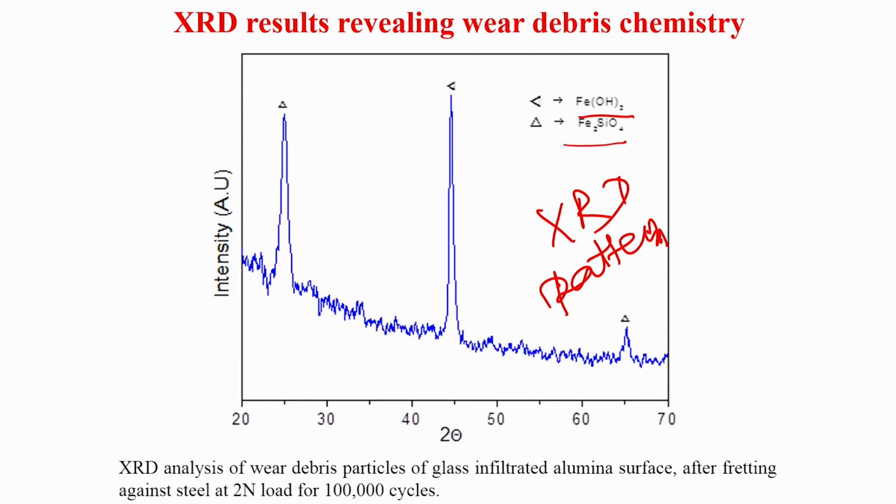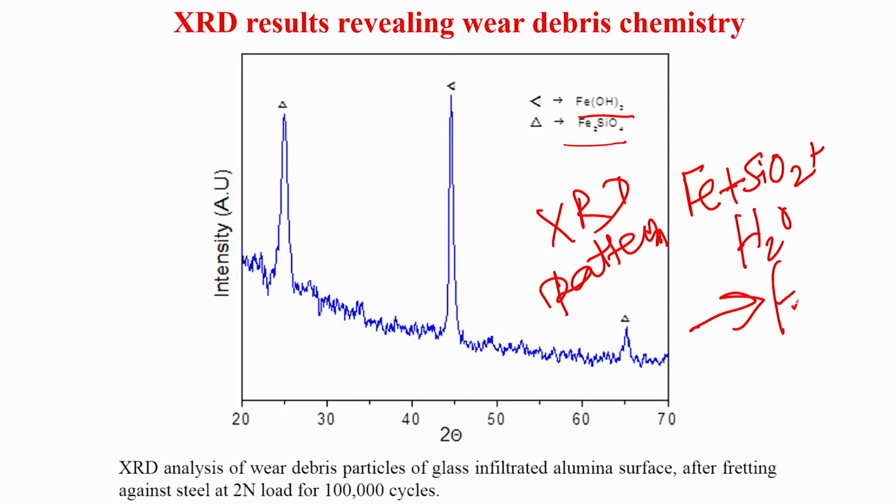These are the phases which are formed as a result of the tribochemical reactions. So you have steel from the counter body, and the steel also reacts with SiO2, plus the humidity, you can put that as H2O. Then it can form Fe2SiO4. Okay.